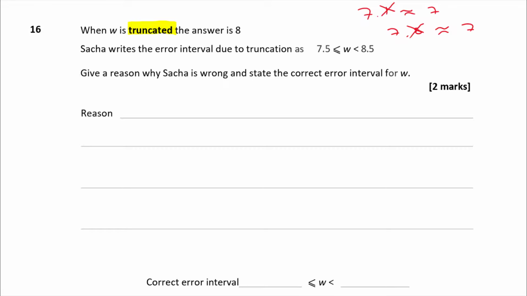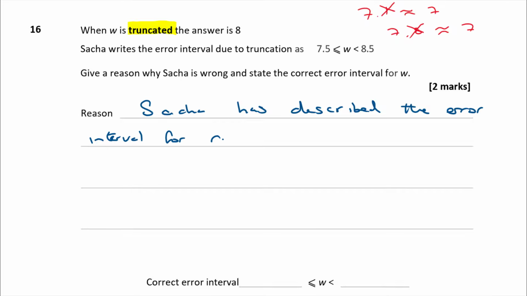So Sasha has described the error interval for rounding and not truncating.